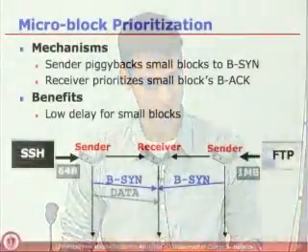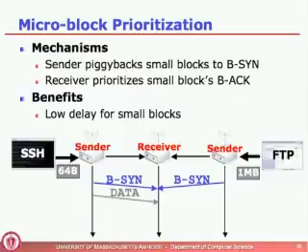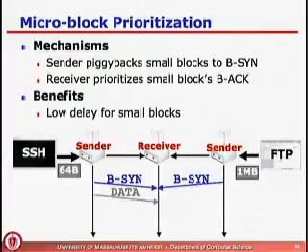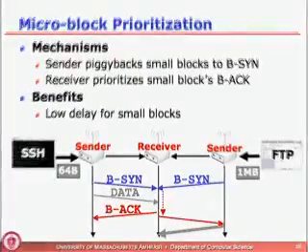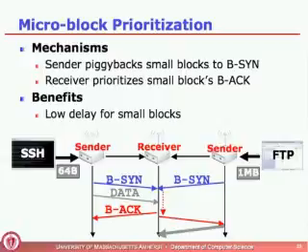Okay. At the receiver side, the receiver simply prioritizes small blocks over large blocks. And so you keep the delays of small blocks, especially really, really small or single packet blocks, low. Right? Because now you have this explicit handshake, BSIN and BACK, you have this power at the receiver to make a decision, both at the sender and receiver, of how to do this kind of prioritization.